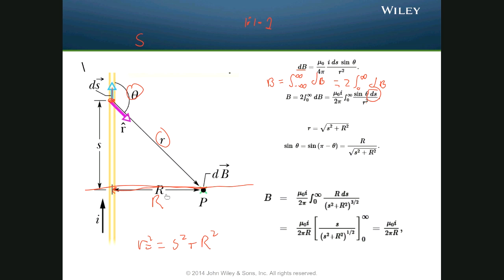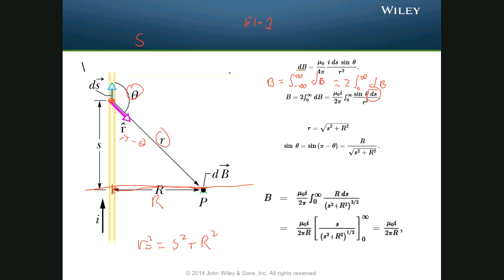So this is good. Now you'll notice they solve for r directly and they get the square root of s squared plus r squared. That's not a big deal, but we should be able to get this step. Now you'll notice your angle here is phi, but the sine of this angle should be equal, because they're the same angle. We can write this one as pi minus theta.